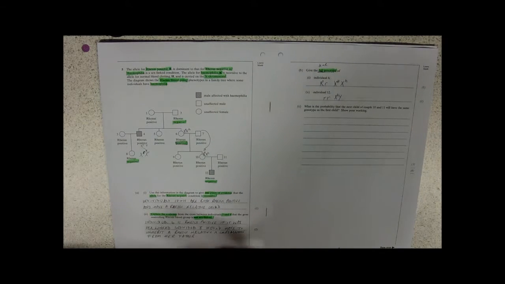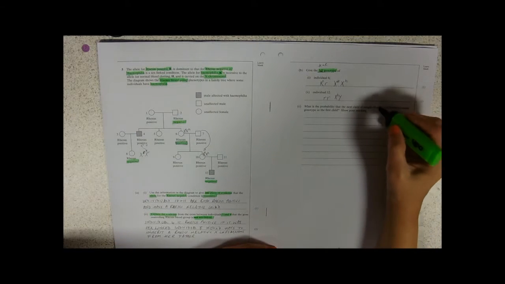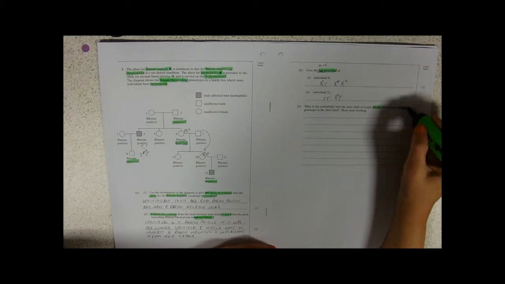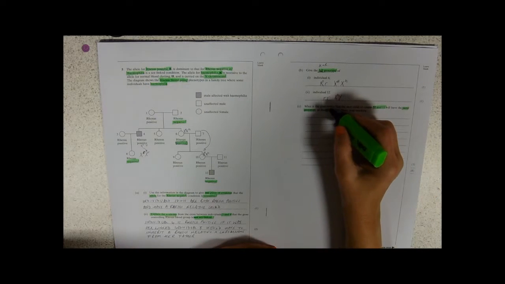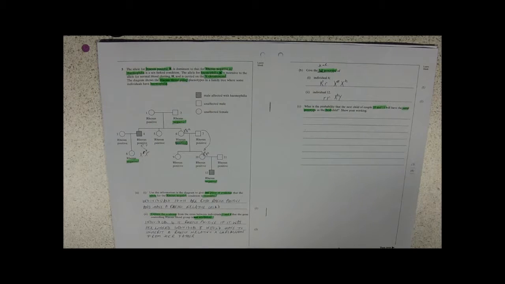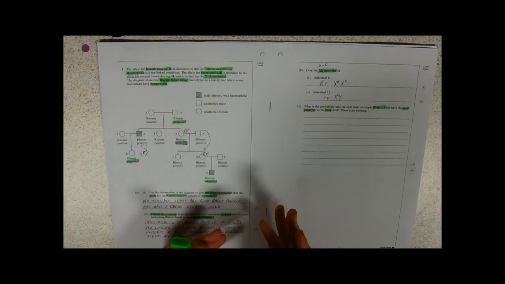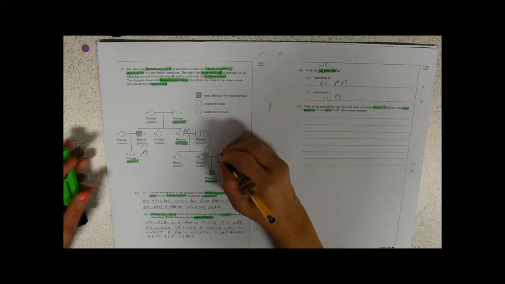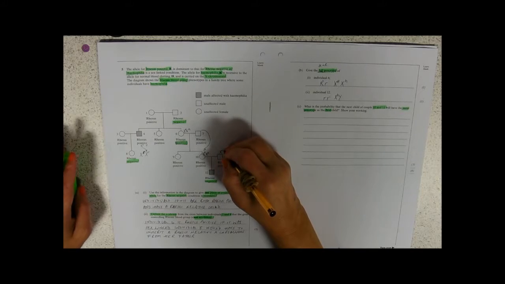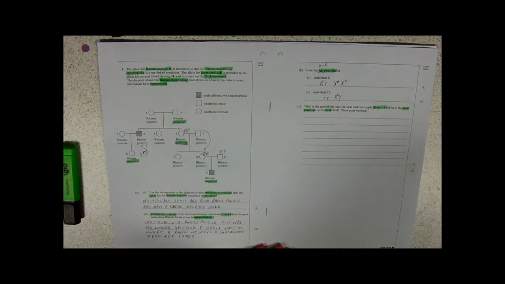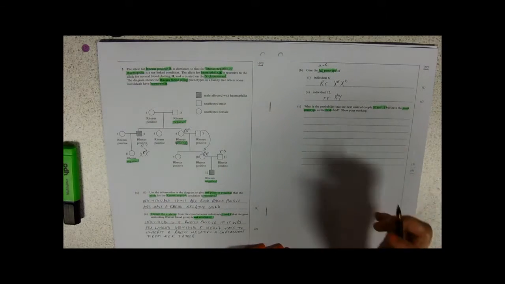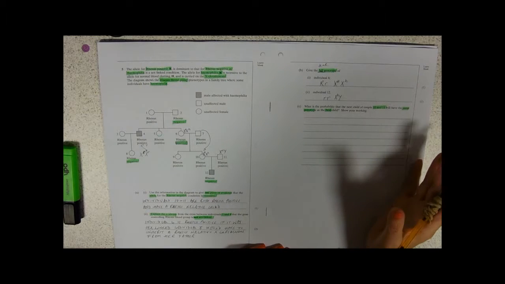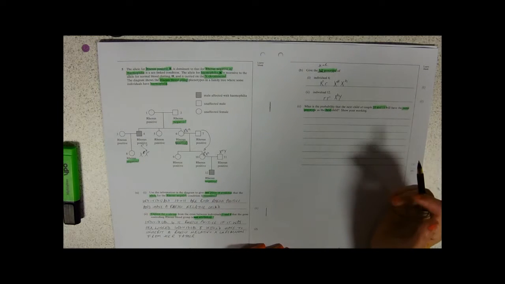Okay, what is the probability that the next child of couple 10 and 11 will have the same genotype as their first child? Well, this is an absolute swine, isn't it? Because for 10 and 11 we need to do the Rhesus positive and Rhesus negative thing, so it's a dihybrid cross with sex linkage. I'm going to do the cross in this little gap down here, so that I've shown my working.